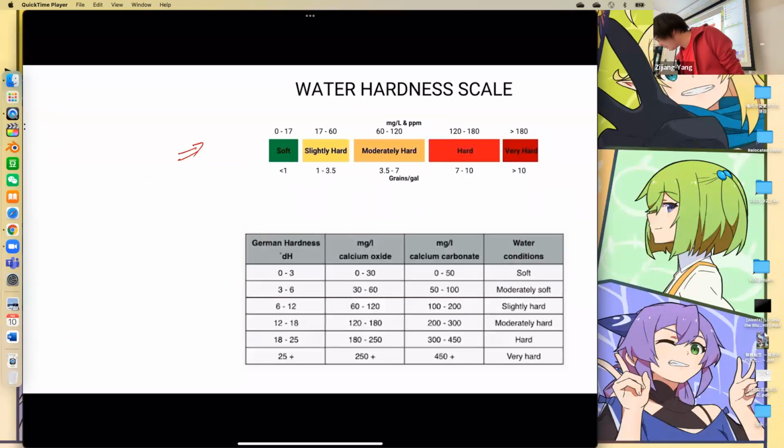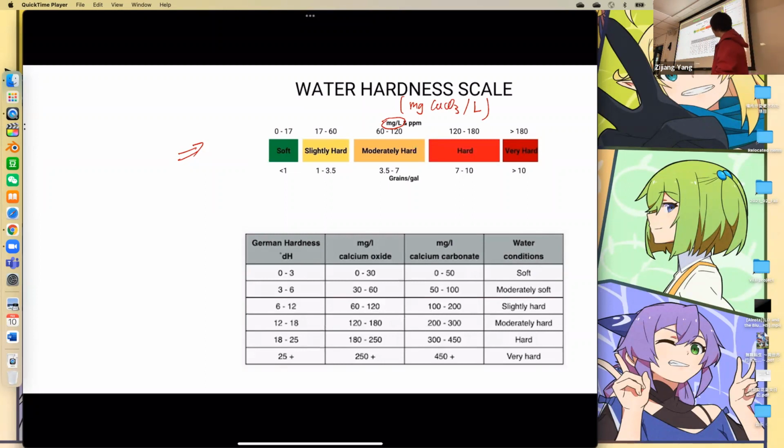The units of hardness are usually the same as alkalinity: milligrams of calcium carbonate per liter. From this one, we have different ranges, and according to different ranges, we have different classifications.